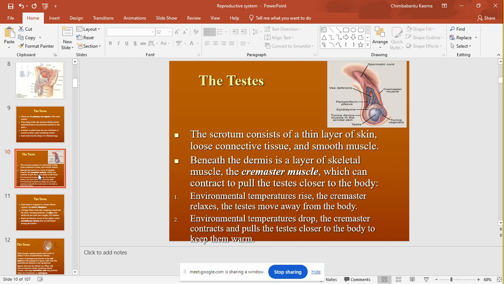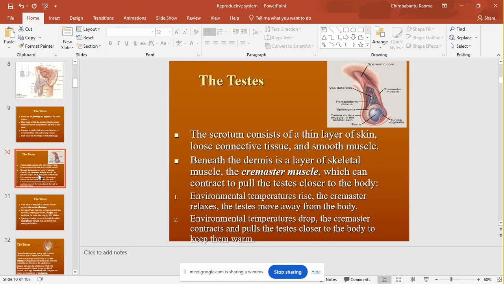So anyway, I was talking about the cremaster muscle that you're going to find in the skin of the scrotum. So the role that this cremaster muscle serves is that, if the environmental temperature is high, as a way of helping to cool your testes, it's going to relax.